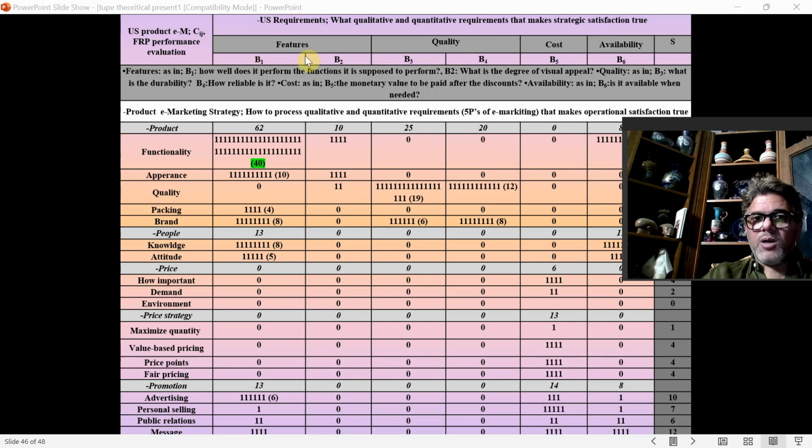Still, from B1 to B6 will be a process manifestation of the user requirements satisfaction. But to make the satisfaction true, he will have to be satisfied by the quantitative and qualitative requirements that the website has for the product.